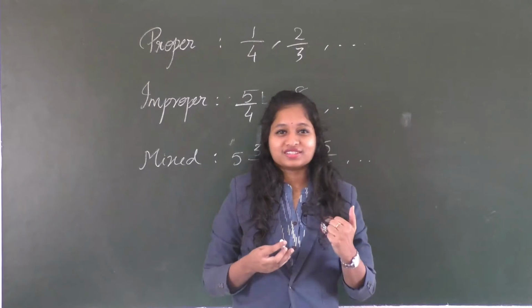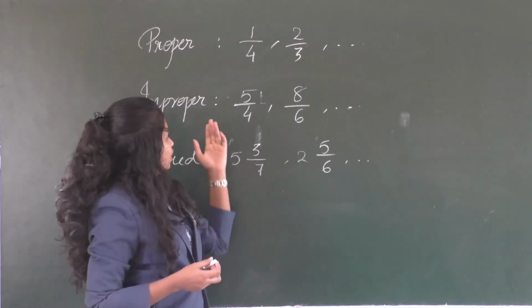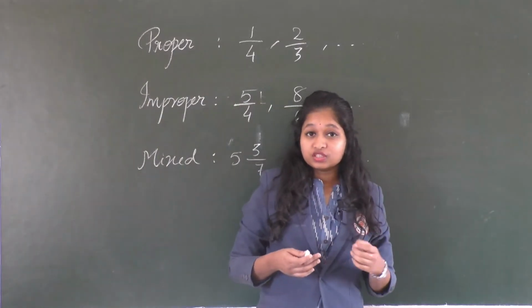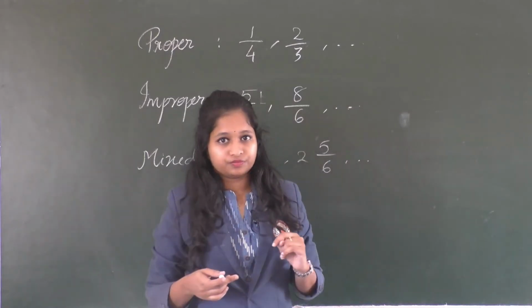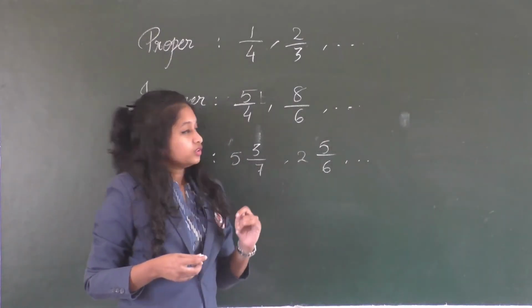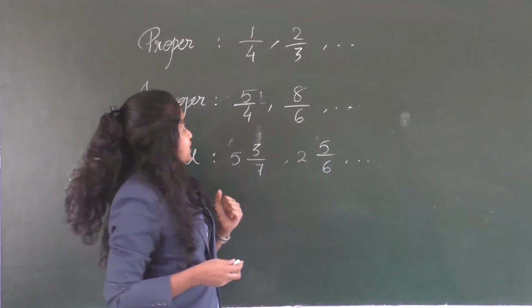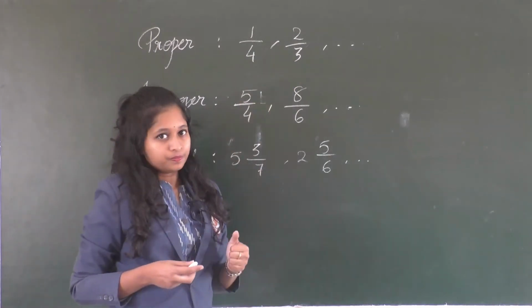So those type of fractions are proper fractions. Okay. Now what about improper fractions? The fractions in which the numerator is greater than the denominator. Okay. For example, 5 by 4, 8 by 6. Examples of proper fractions are 1 by 4, 2 by 3, etc.